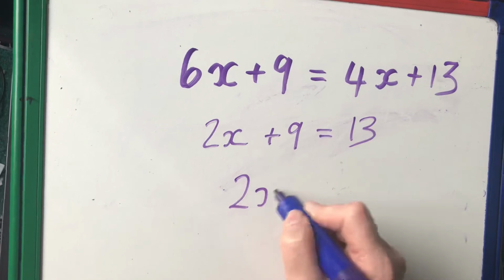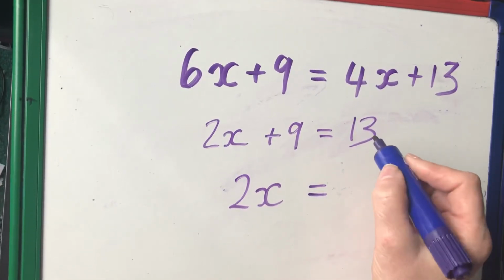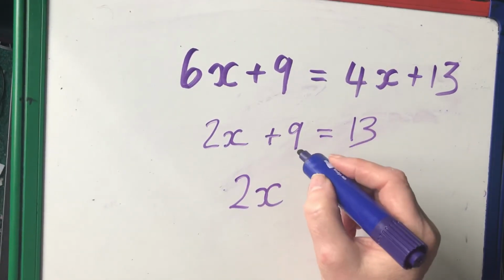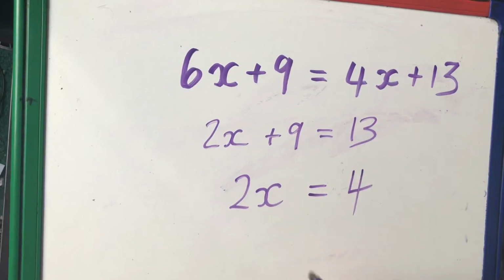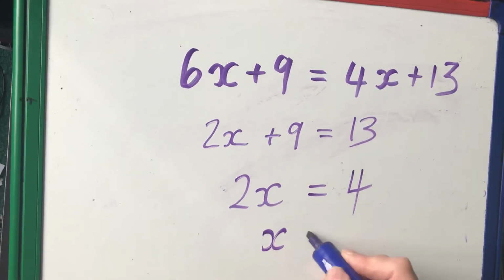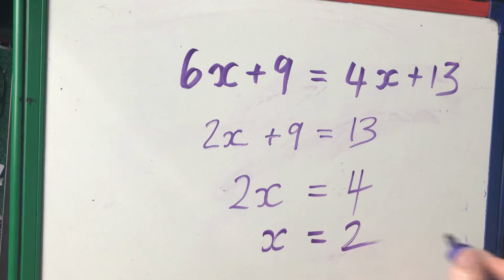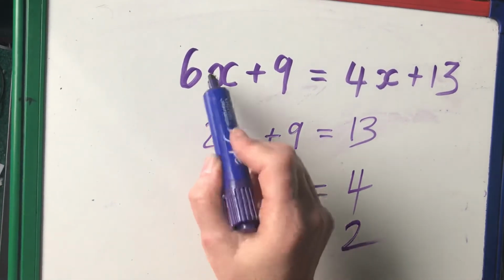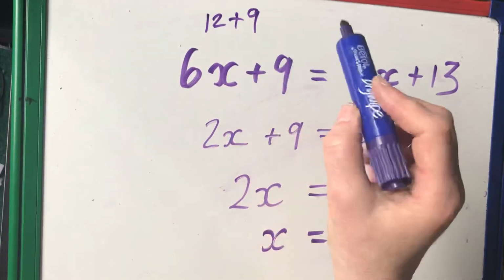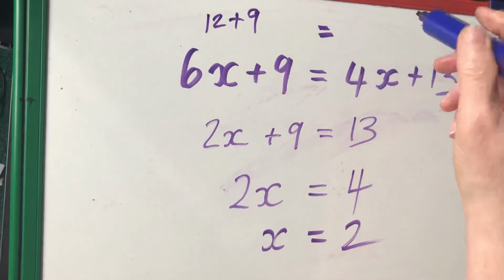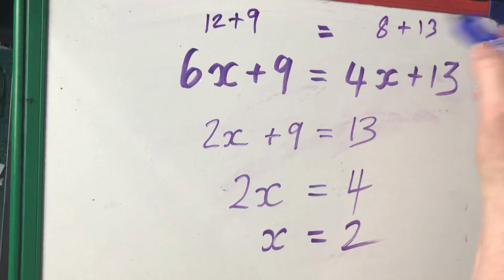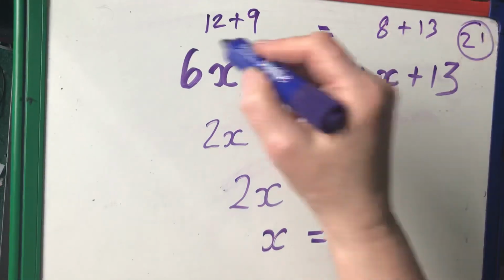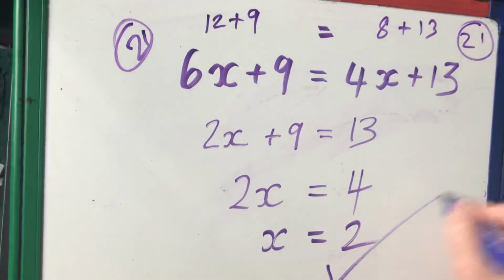So 2x is equal to 13 subtract 9, which is 4. 2 times something, so the inverse of times 2 is divide by 2. x equals 2. Just quickly check. 6 2s are 12. 12 plus 9. Does that balance with 8 plus 13? Well, 8 plus 13 is 21. And 12 plus 9 is 21, so I can have a tick for that one.